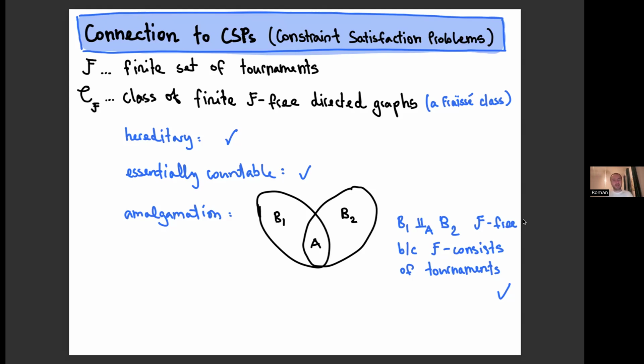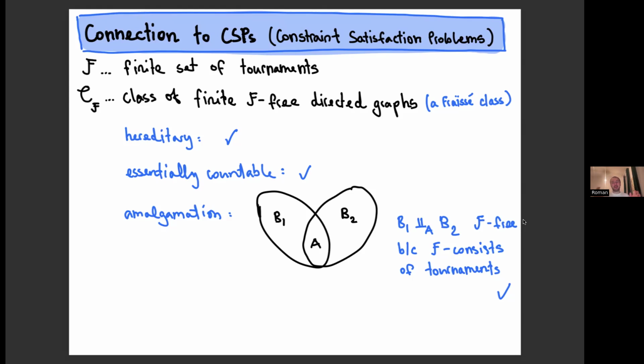And also they have the amalgamation property. I want to briefly sketch why that is the case. Suppose you have B1 and B2, finite F-free directed graphs, and they overlap in A, which again is a finite F-free graph by the hereditary property.